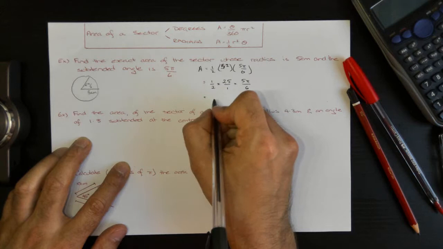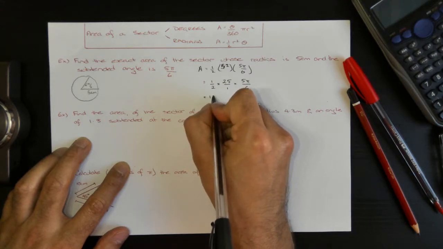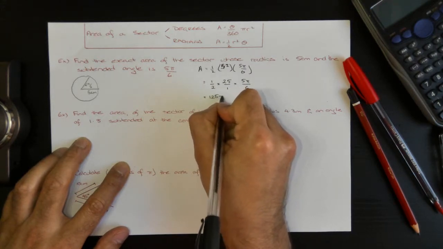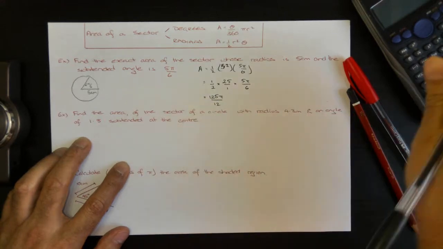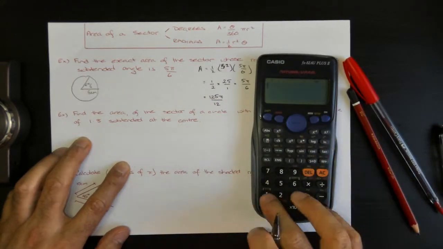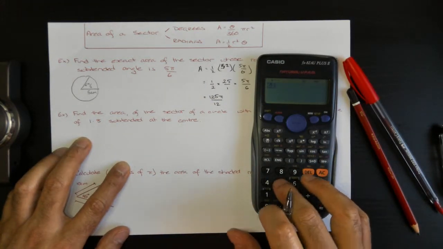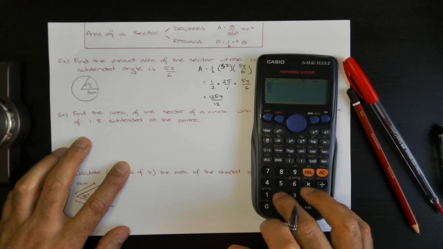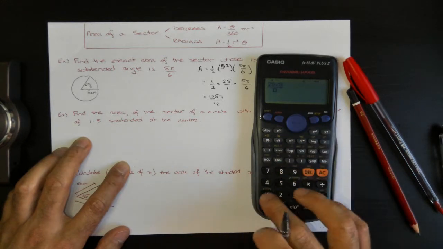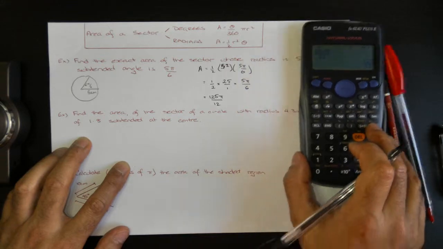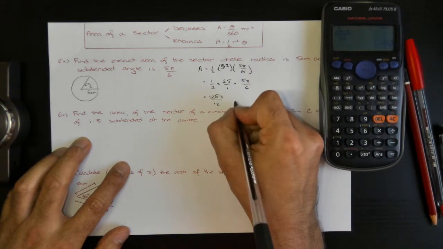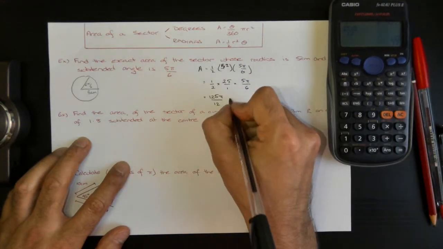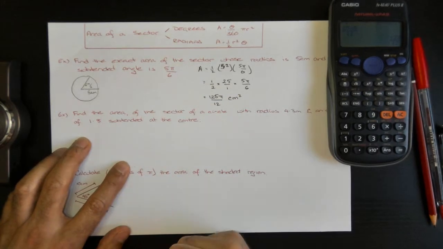So 5 lots of 25 is 125 pi over 12. Can we simplify that? No, that's all we can do. So we're in centimeters, so it's area in centimeters squared.